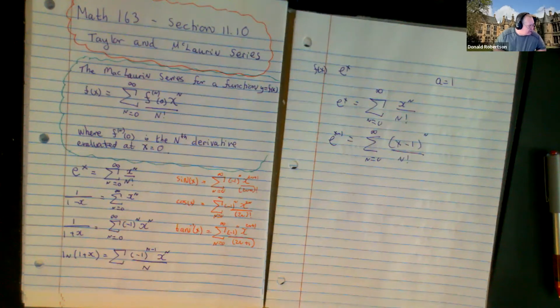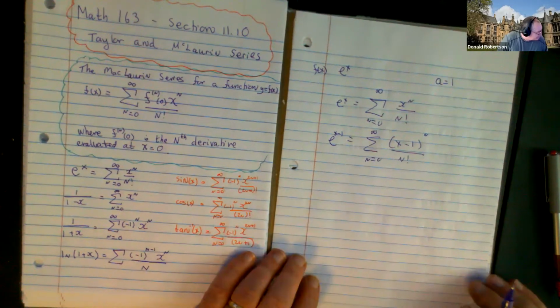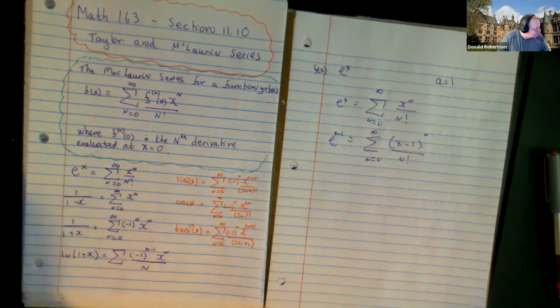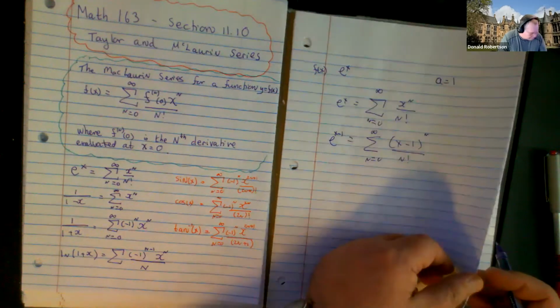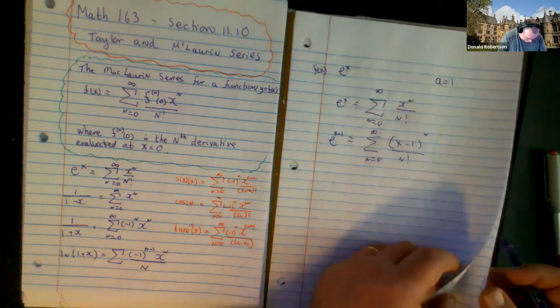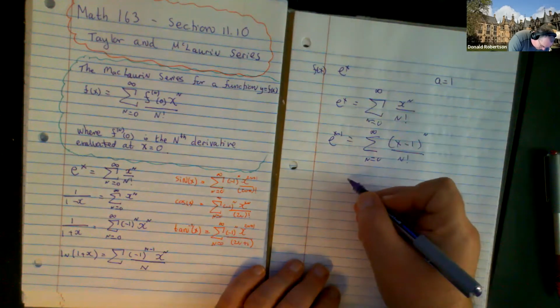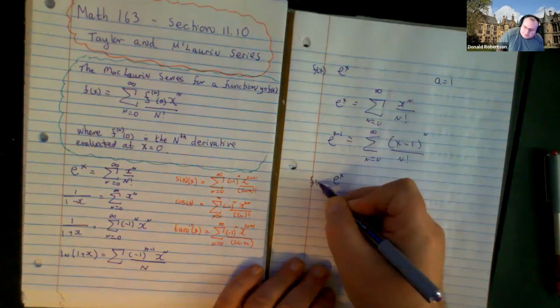And essentially, who shall we pick? We've got 17. Have I done 17? No, I've not done 17. Let's do this guy. That's him, right?